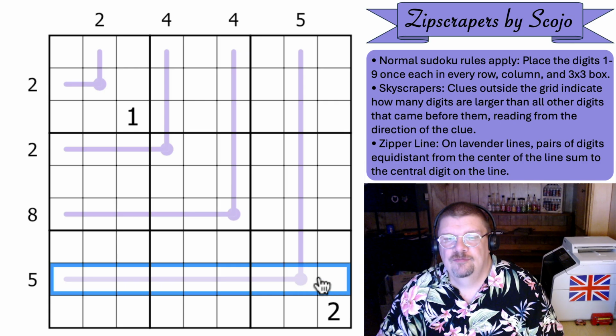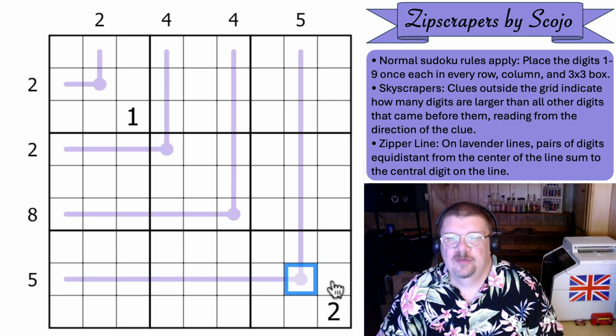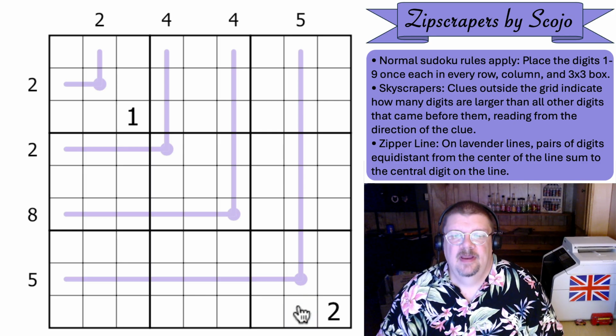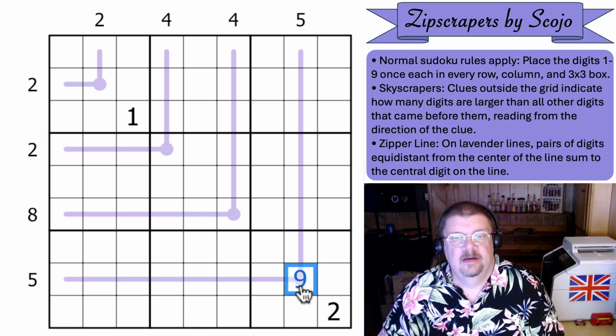So in this row, 9 must be here or here. In this column, 9 must be here or here. Now, if I have 9 here, I have nowhere for it to go in the row. If I have 9 here, I have nowhere for it to go in the column. So this must be a 9. And that seems like a good start.